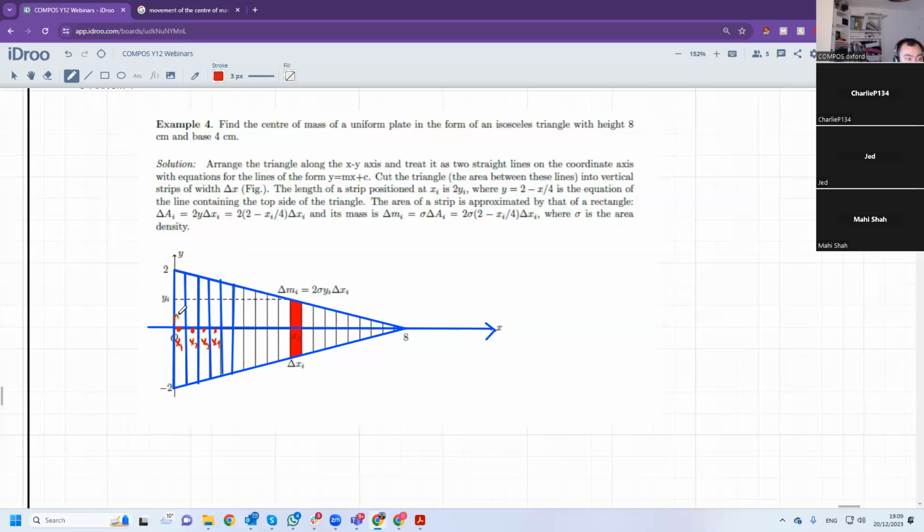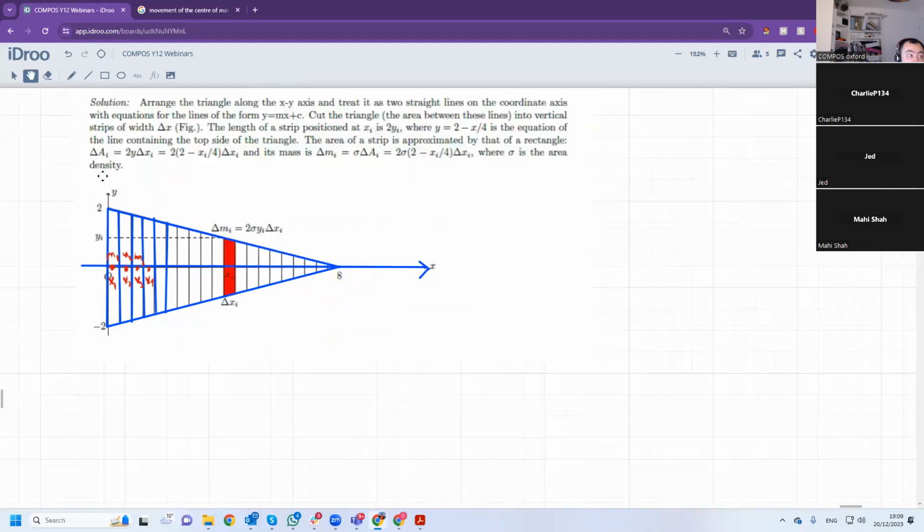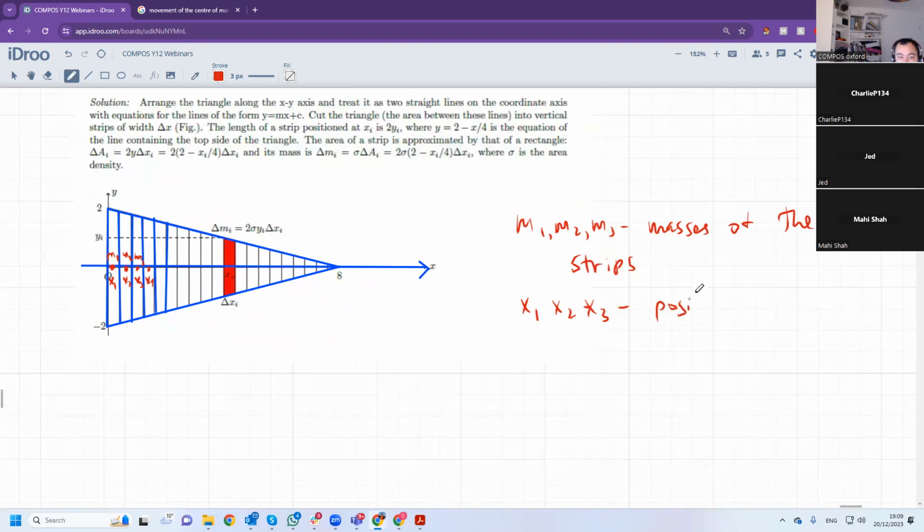It's going to be m1, m2, m3. So m is the mass of this strip. m1, m2, m3 are the masses of the strips, and x1, x2, x3 are the positions of the strips.